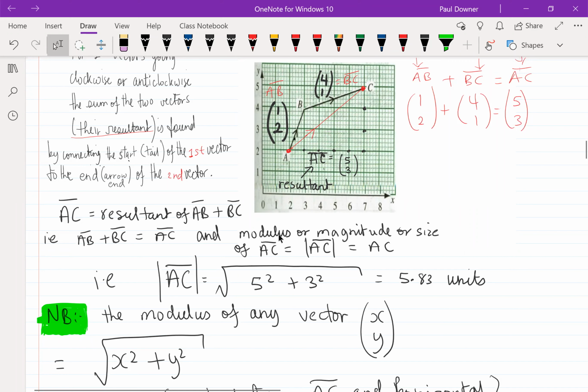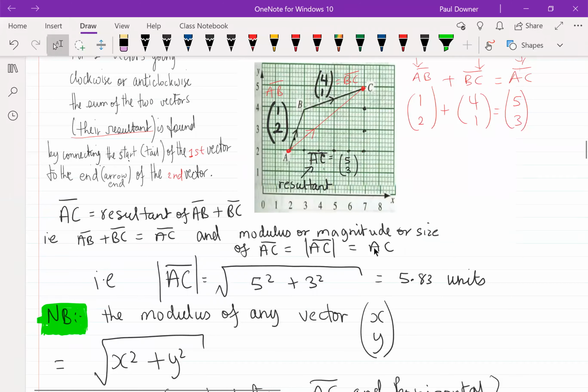So if I have a vector AC with the little dash on top telling you that it is a vector, and I want to find the modulus or magnitude or size of this vector AC, then that is written as the vector with this dash on top with two vertical lines, one on either side. That is the symbol for the modulus or size of the vector.